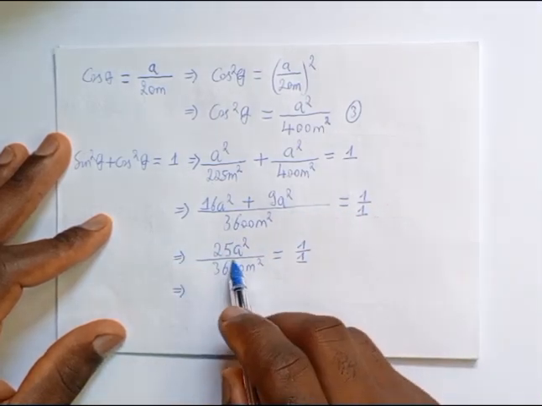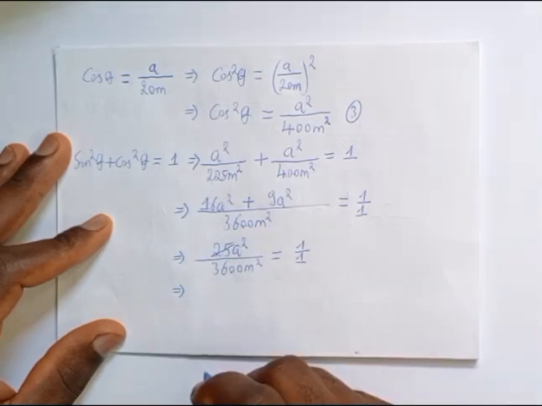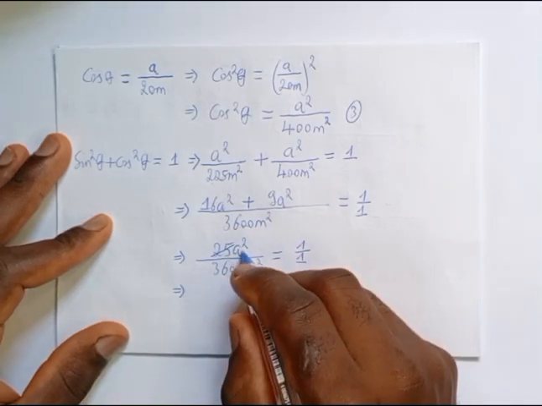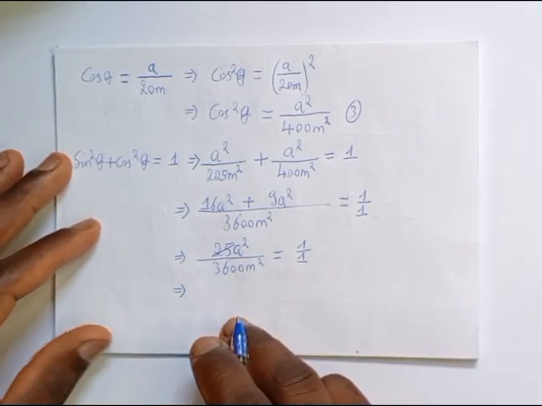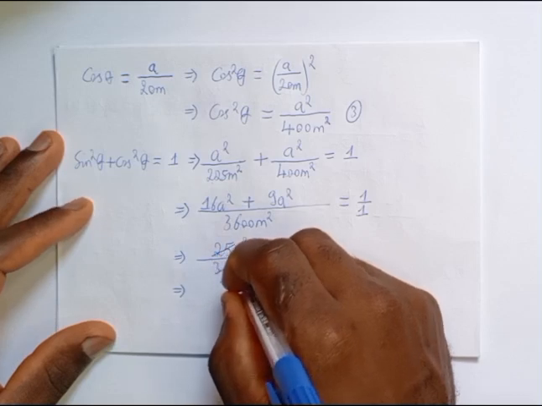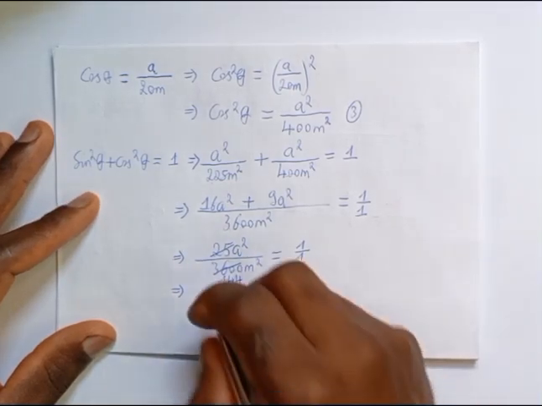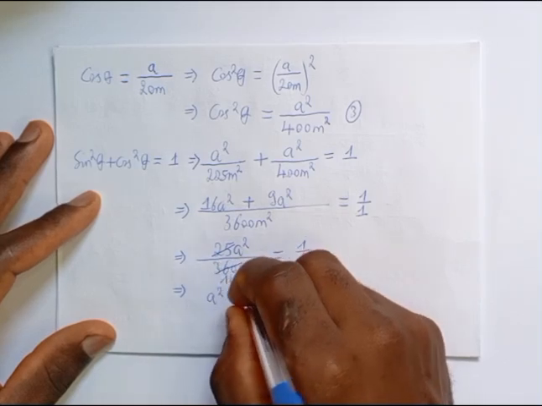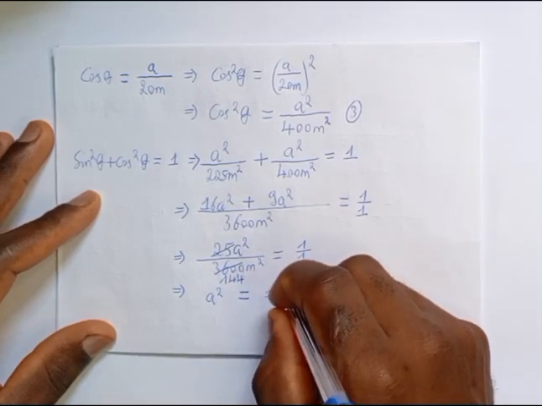Then we can simplify this. 25 will go into 25A squared. We'll be left with A squared. 25 will go into 3,600 144 times. Next, if we cross multiply, A squared times 1 remains A squared, is equal to 144 times 1, which is 144.